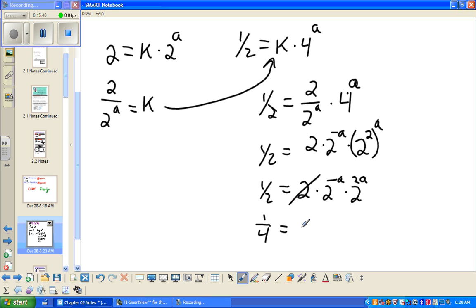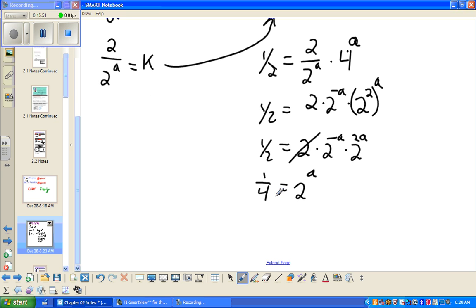That got rid of this. And then combine these. Well, negative a plus 2a is just a. And right here you probably just know what you raise 2 to get 1/4. So you would probably just know that a is negative 2.